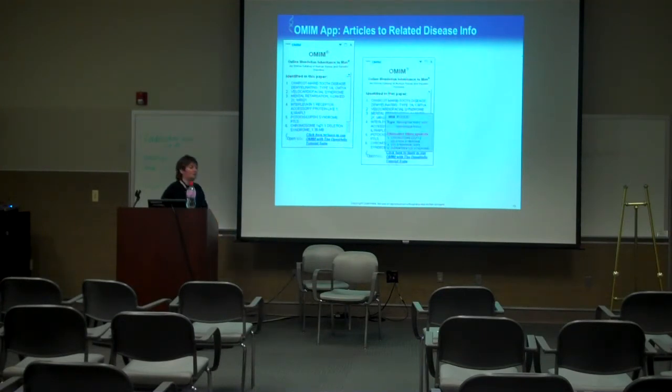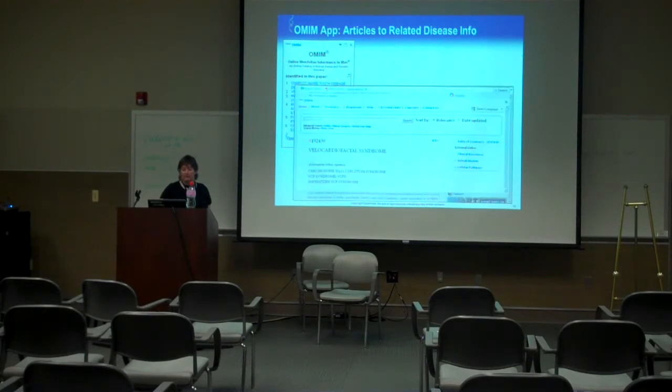If I mouse over one of these items, I get an OMIM pop-up box that describes a bit about that. And if I click on an item, then again, I'm in an app window on the SciVerse platform where I can access the OMIM information and then click the window closed and go back to the article that I'm reading.